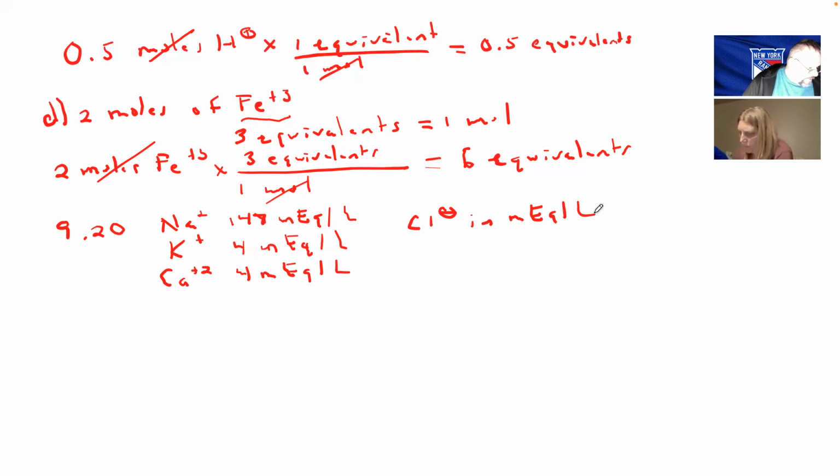So really what I think it just comes down to is that we don't have to convert here between moles to equivalents, because in this question, they've already done that for us. They're telling us, in this case, in milliequivalents, how many of each of these ions you have, which contribute to the overall positive charge.